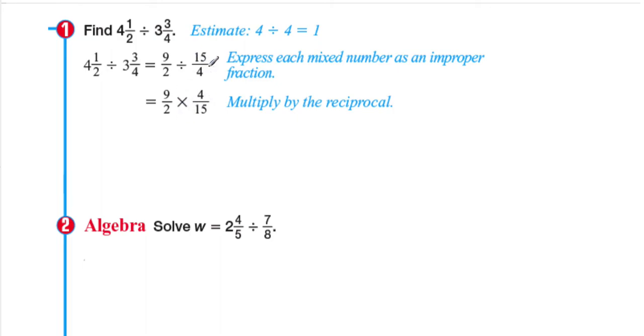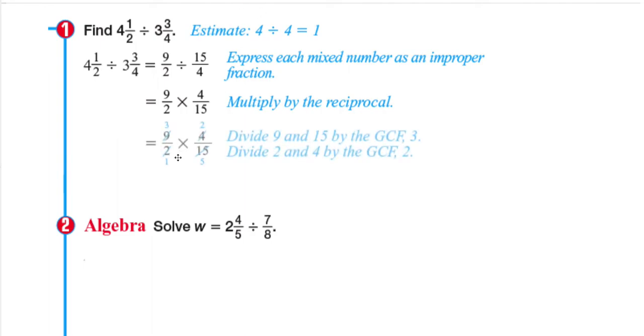So multiply by the reciprocal of 15 over 4, which is 4 over 15. Now you can find the GCF. The GCF of 9 and 15 would be 3. The GCF of 2 and 4 would be 2. So divide the numbers by the GCF. 9 divided by 3 is 3. 15 divided by 3 is 5. 2 divided by 2 is 1. 4 divided by 2 is 2.